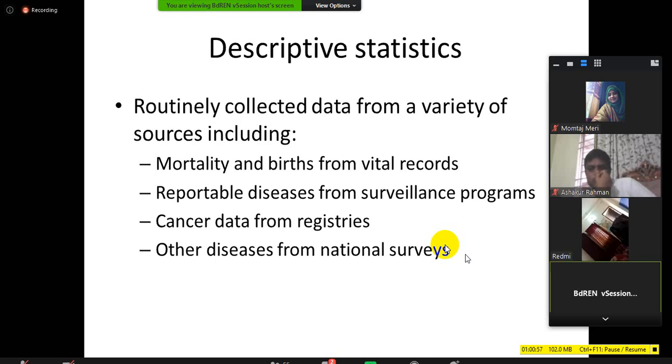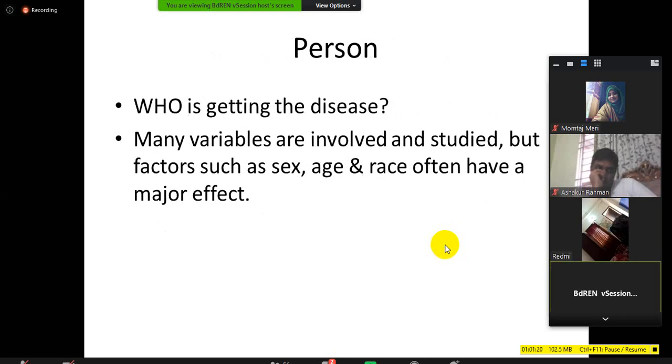And in Bangladesh, we have a malaria surveillance program. We had before leprosy surveillance program. এখন এটা নাই, leprosy আমাদের এখানে কমে গেছে, কিন্তু ম্যালেরিয়া এখন আছে। Then TB control program. So these are the source we can use for descriptive statistics.